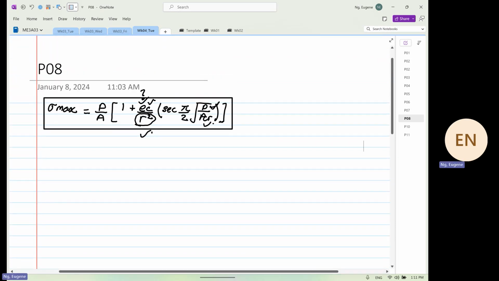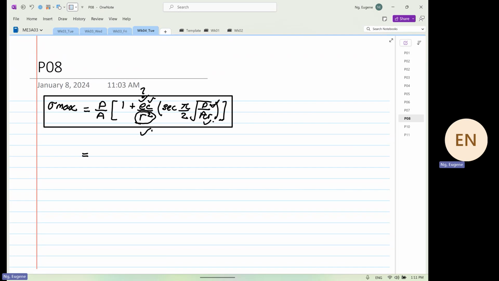So now we have what? This will be equal to 180 times 10 to the power 3. Cross-sectional area is 3 times 10 to the power minus 3. This will be 1 plus, by E, is equal to what? 64.444 times 10 to the power minus 3.